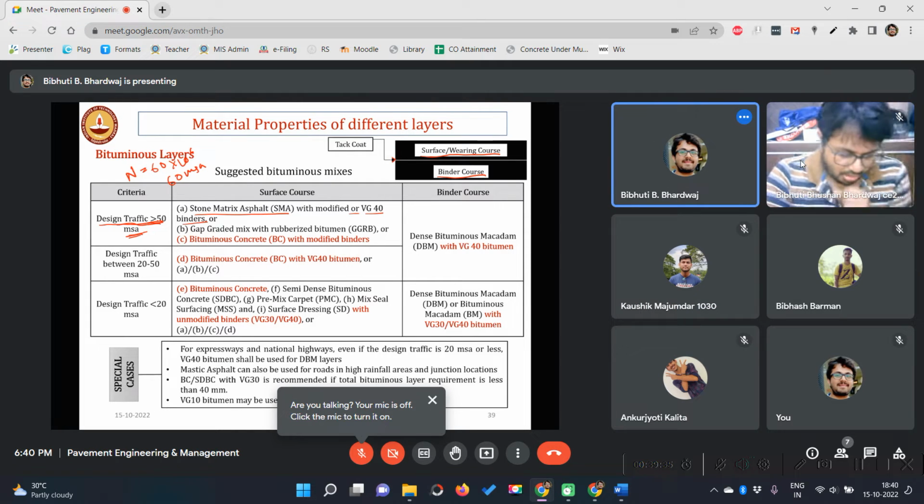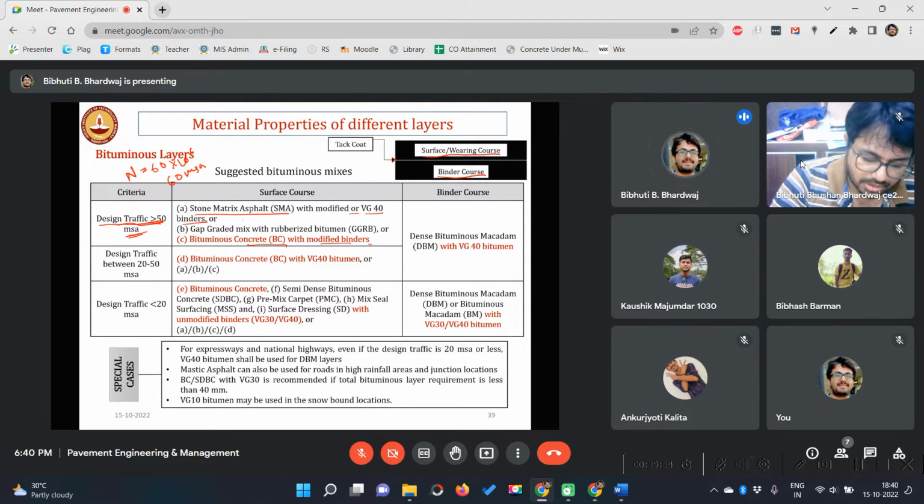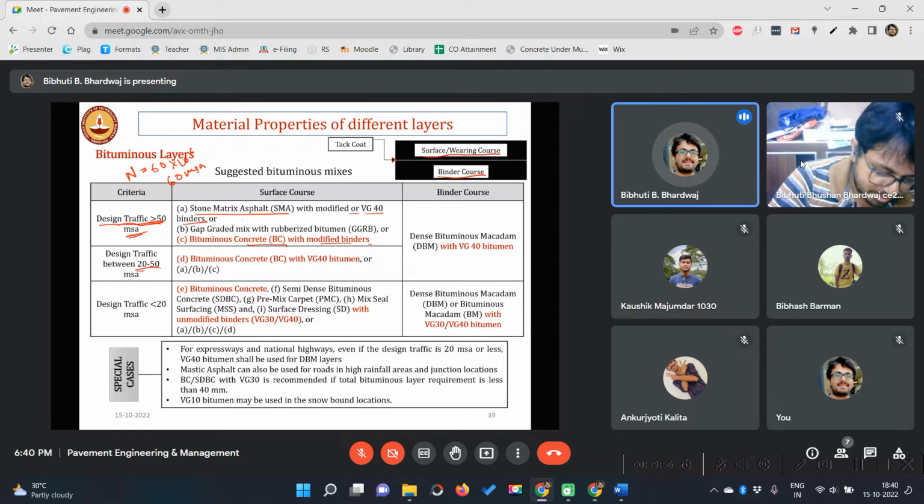If you want, I can discuss what all these things are. Let me know if you want. Yes, sir. So if it is between 20 to 50, then the bituminous mix will be this. Less than 20, then this.